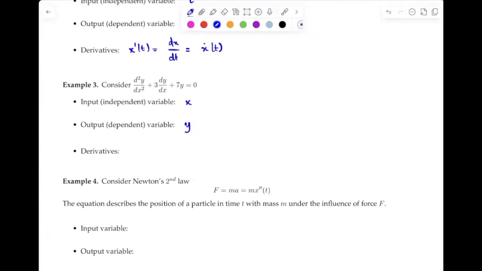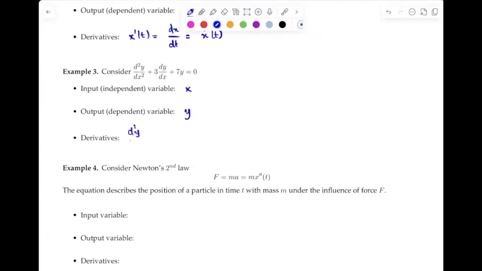The derivative you see here is d squared y/dx squared, which stands for the second derivative of y with respect to x, or you can just write y double prime of x, or use the Newton notation y double dot of x.